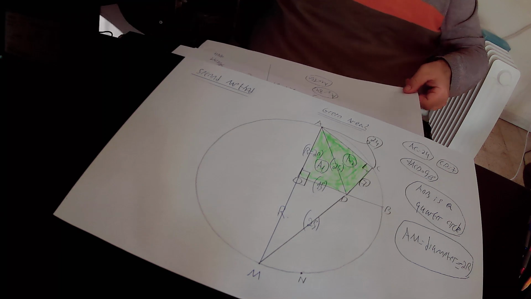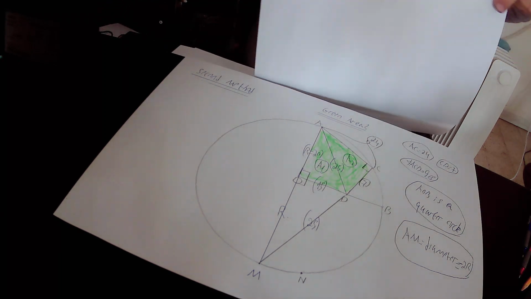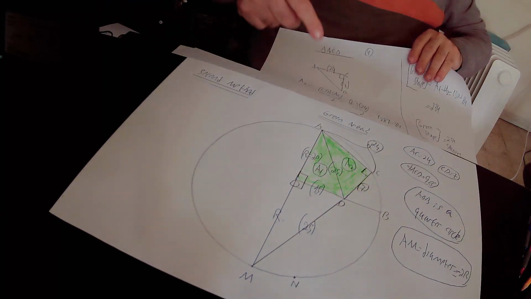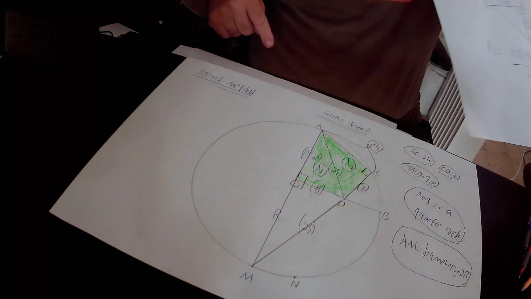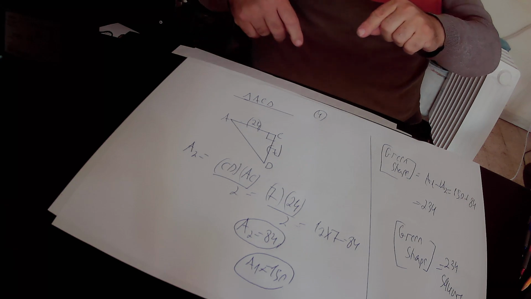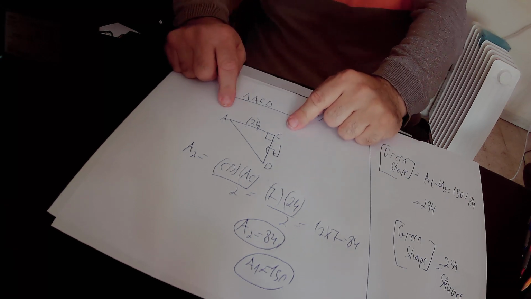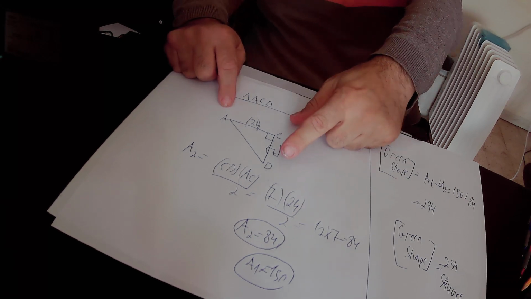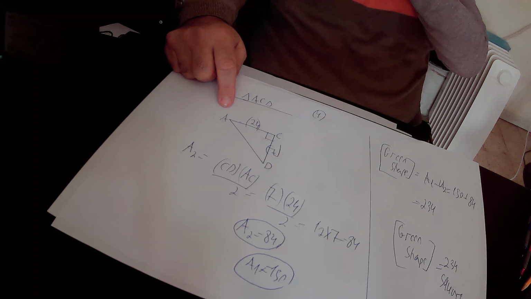Plus A2. A2 is the area of the right triangle ADC, so I copy the right triangle ADC here. According to what is given, AC equals 24 and CD equals 7.